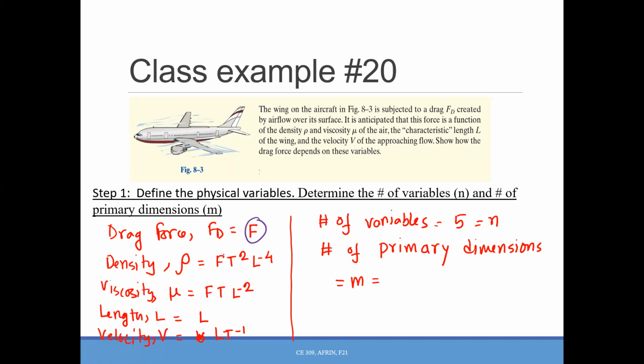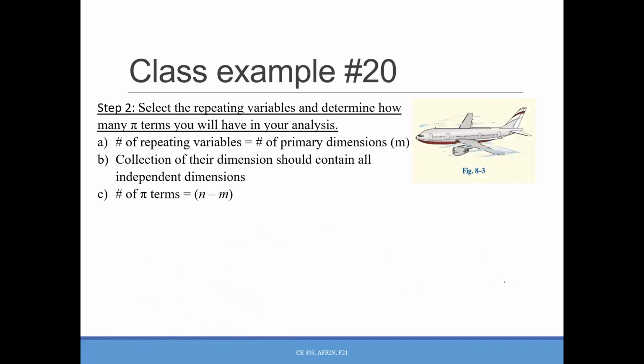We have F, that is 1. We have T, that is 2. We have L. So we have F, L, and T. That means we have 3 primary dimensions. Okay, so we can move to step 2.